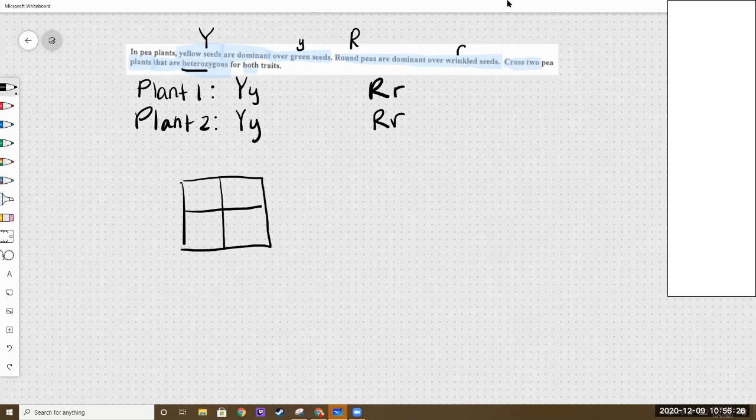So I'm going to go here. And then plant 1, I'll put on top, capital Y, little y. Plant 2, I'll put on the side and I'll make it green, capital Y, little y, just so you can tell the difference.